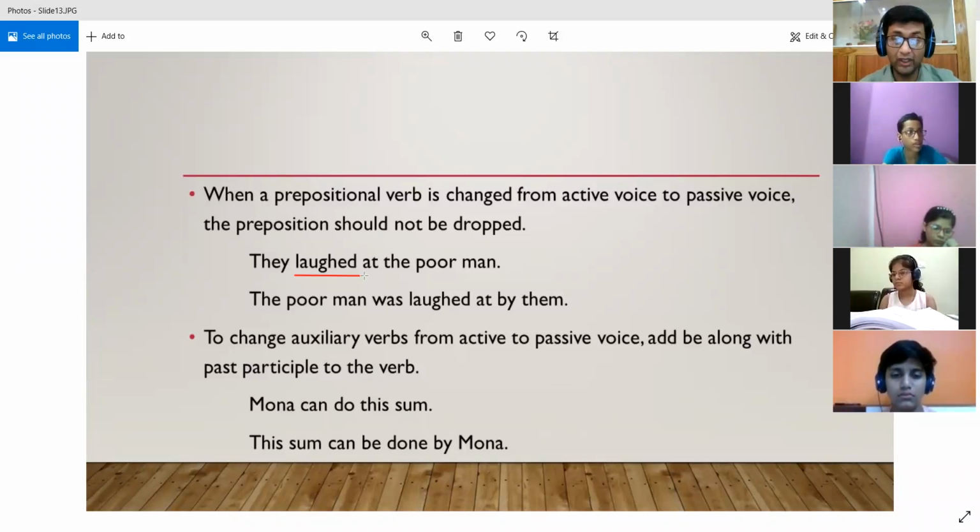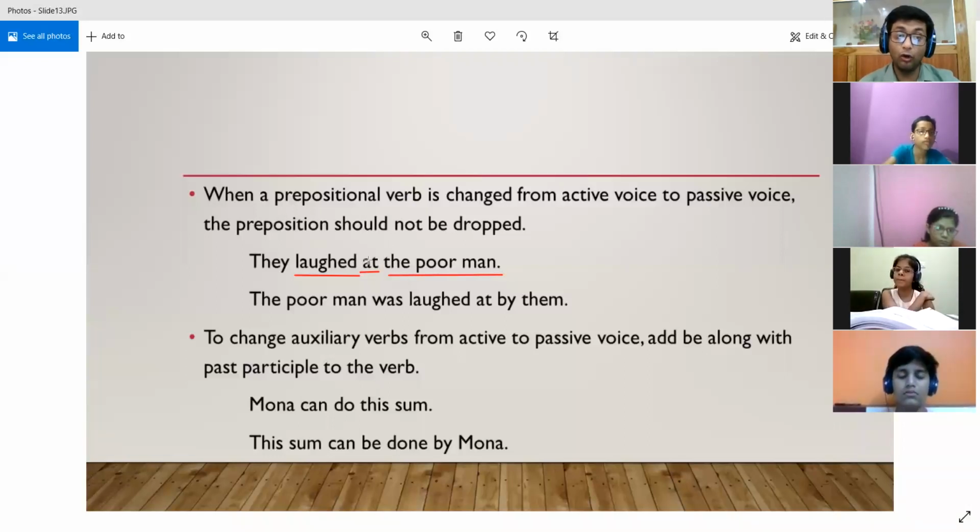But as soon as I add the preposition at after laugh, they laughed at, then I would require an object, because now the meaning of the sentence will become incomplete if I leave it at they laughed at, because the person will ask laughed at whom? Then we need an object to complete the meaning of the sentence. So then the object poor man will be placed, right?